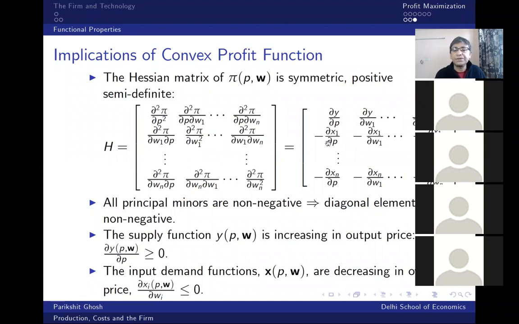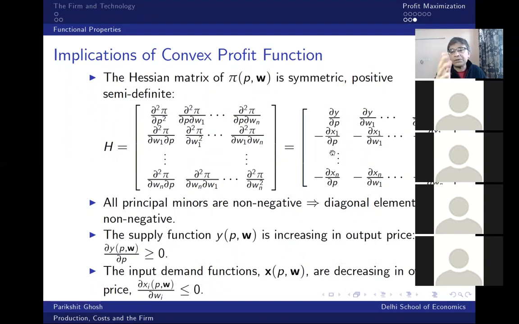So all these derivatives can be written as some derivative of the first input demand function, and so on. Okay. Dwell another minute on this when you're studying this, and you'll see that these two matrices are equivalent. So if the principal minors of this matrix are all positive, then so is the case with this matrix.